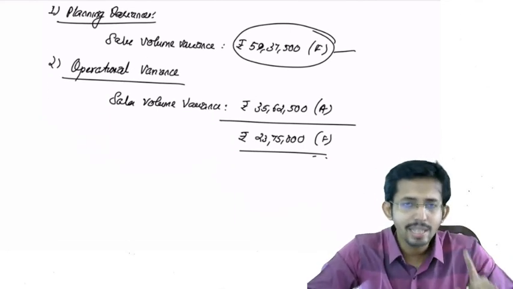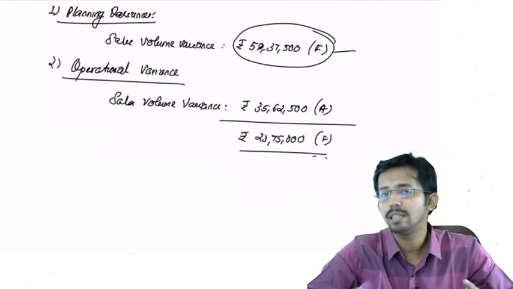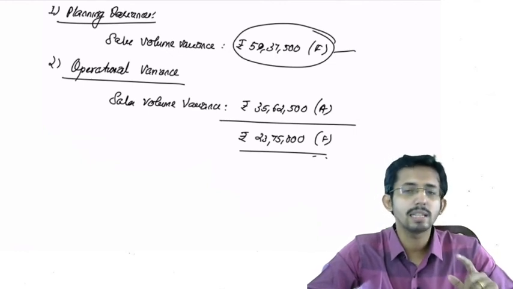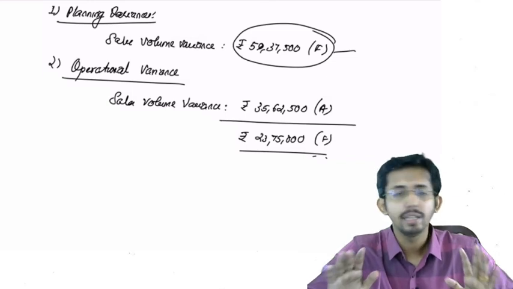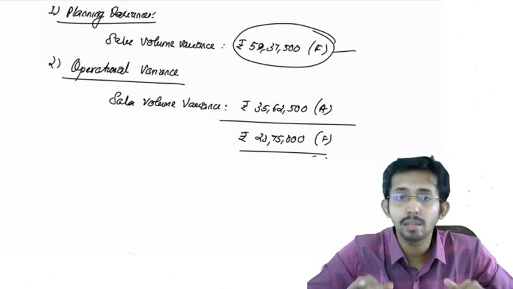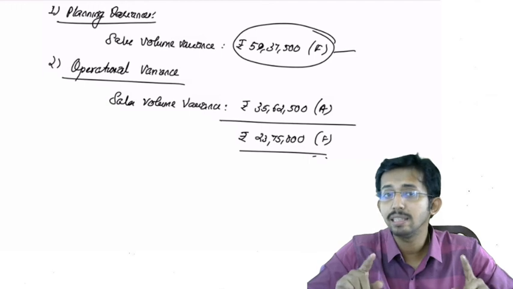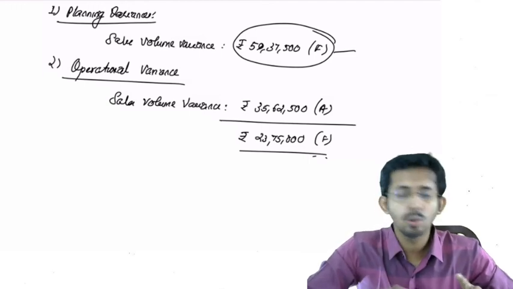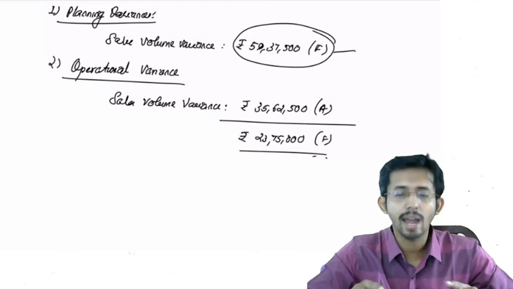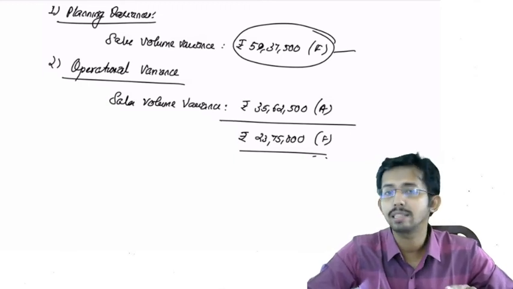So can you say that he has done well, or his performance is better? No. He has actually underperformed, which has resulted in an adverse variance of 35,62,500, not a favorable variance of 23,75,000 as he claimed.